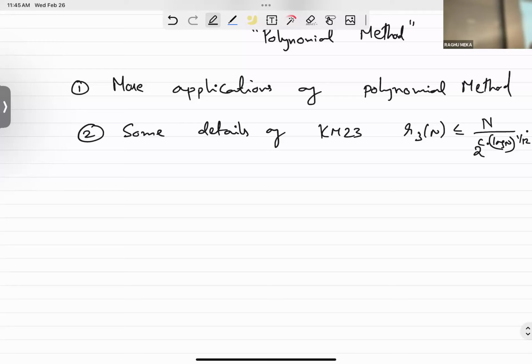I can't cover the full details, but I can tell you the main new ideas that are required to get this improvement. Or we can talk about other applications of the polynomial method. There are many, many applications. I can pick 1 or 2 and present them. These are the 2 options.